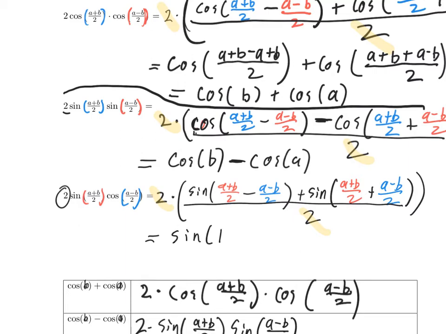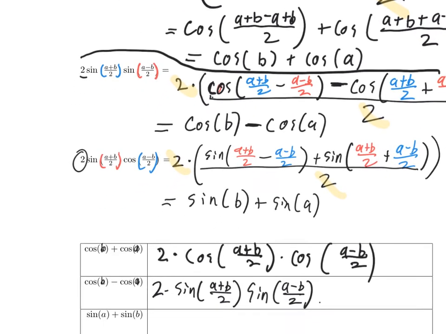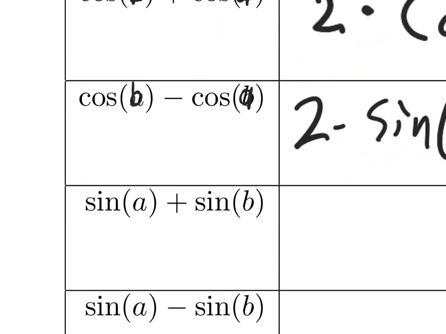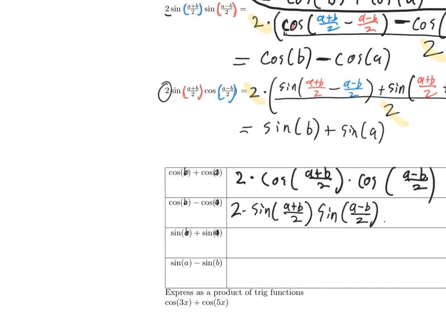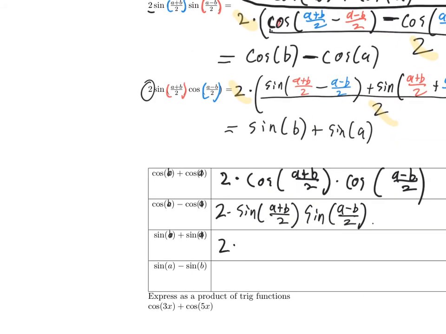Sine of b plus sine of a. So the sum of two sines, the sine of b plus the sine of a, is equal to 2 times the sine of the sum times the cosine of the difference.